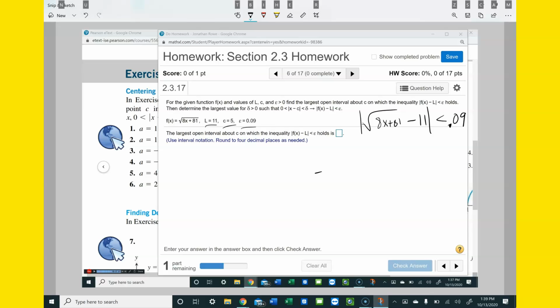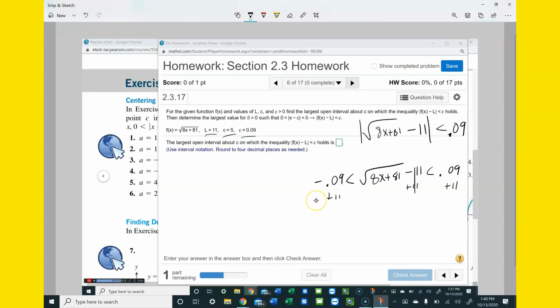Negative 0.09 is less than the square root of 8x plus 81 minus 11, which is less than 0.09. That's the part I left out when I wrote it down the first time. So now, first I would need to add 11 to all three parts. And that gives me 10.91 less than the square root of 8x plus 81, which is less than 11.09.